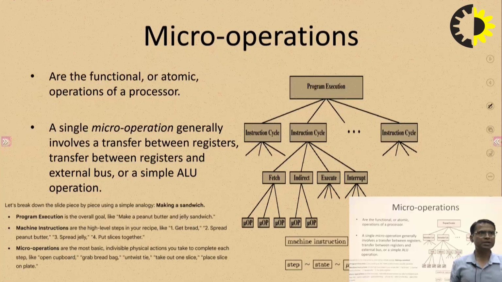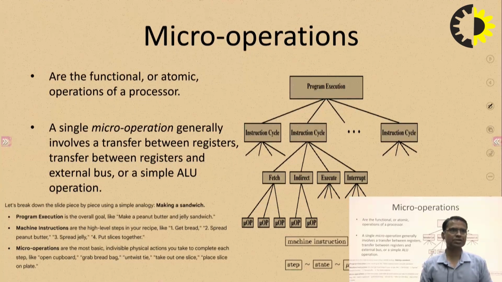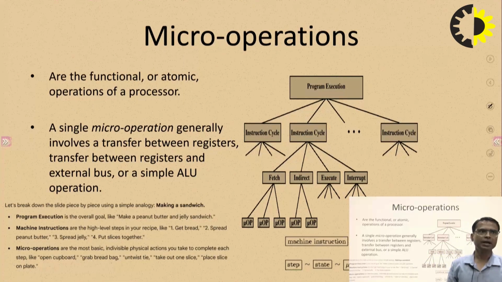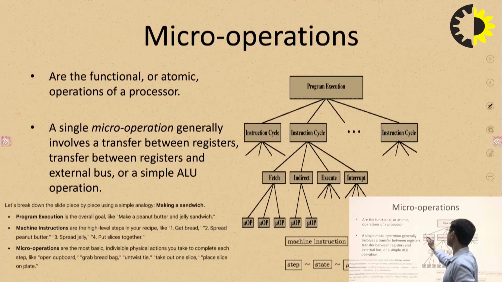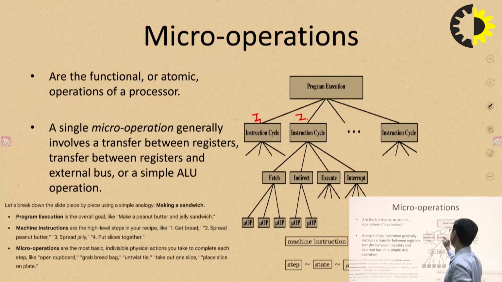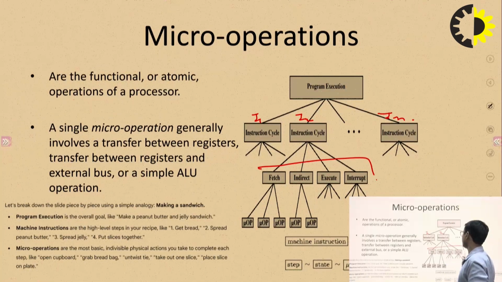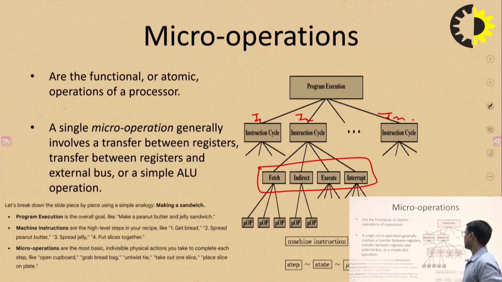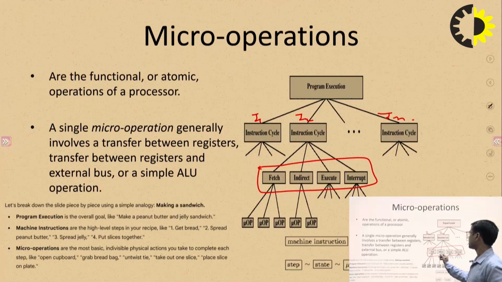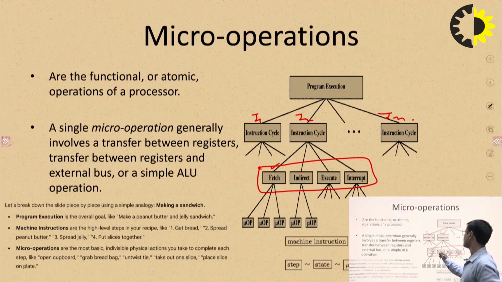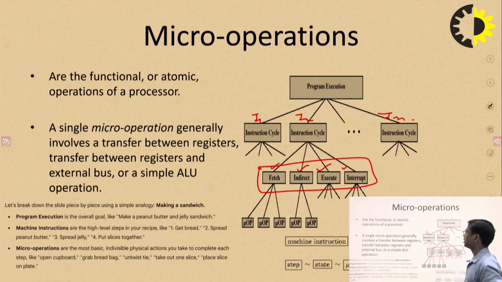In this diagram we can easily see and understand the purpose of microoperation: to divide a functional block, that is the program, into multiple instructions I1, I2, I3, and each instruction is further decomposed into a group of microoperations named fetch, indirect, execute, and interrupt.